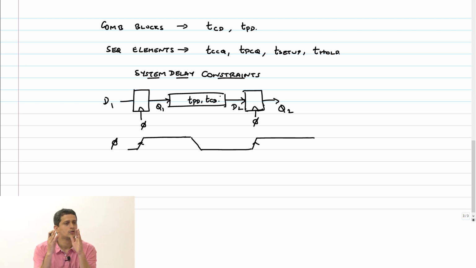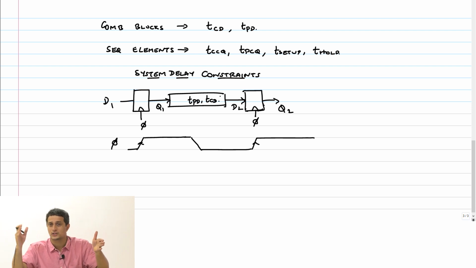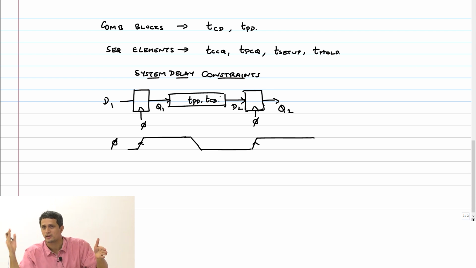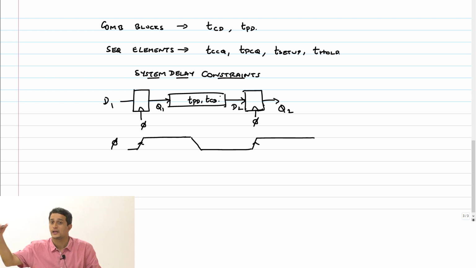Okay. So what are these flops doing? These flops, they are memory elements, but here they are not playing just the role of a memory element. Their aim is not just to store something. Their aim is to sequence events. You launch some data, it has to calculate something, that flop has to capture that particular event and hold it for the next guy to do.